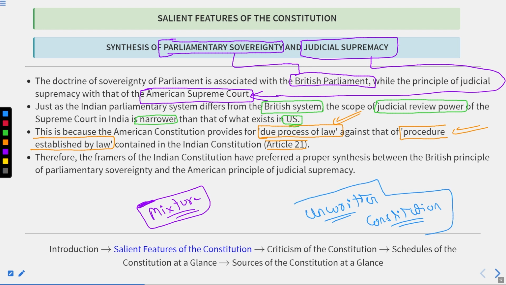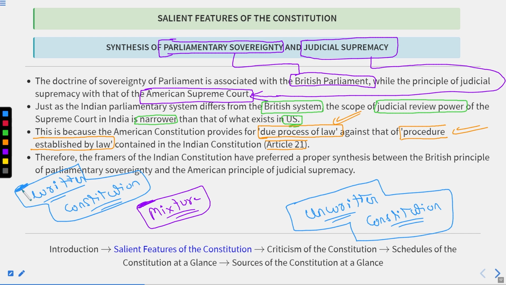An unwritten constitution gives the parliament the power to make rules and regulations with some liberty. But when we talk about the USA, it has a written constitution, which means the American Parliament has some restrictions, and this gives the judiciary the power to review.